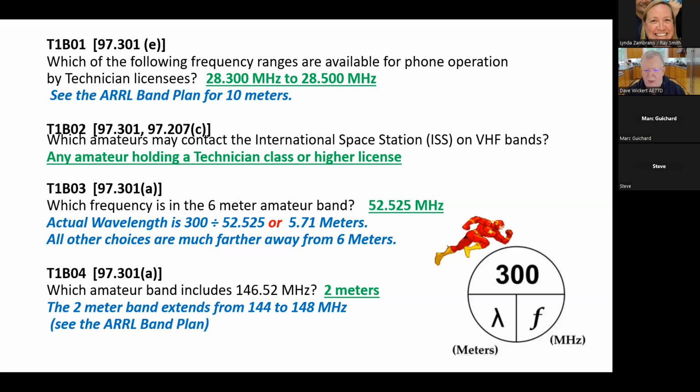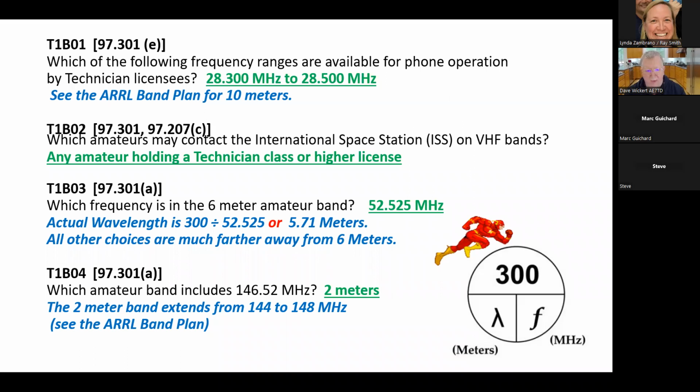The second thing that you can do is you can visualize this circle that I gave you here, which basically allows you to convert from wavelength to frequency or frequency to wavelength. The way this formula works is you take your thumb and put it over top of the variable that you're trying to solve, and then 300 over the other variable is what the formula is.